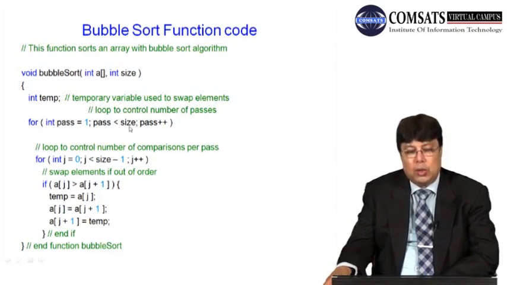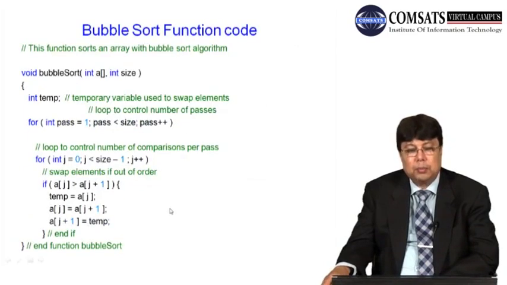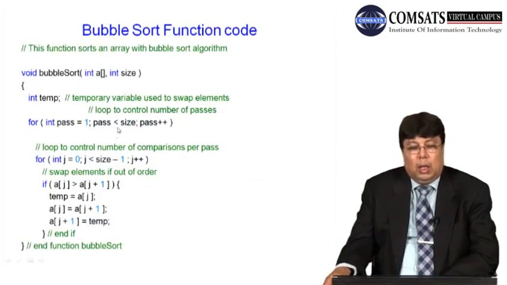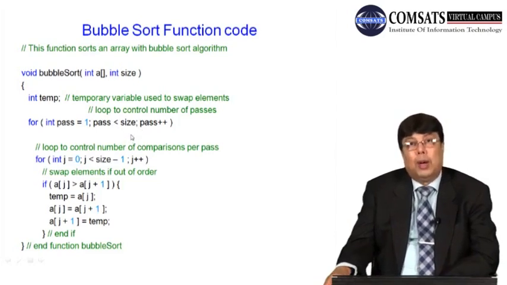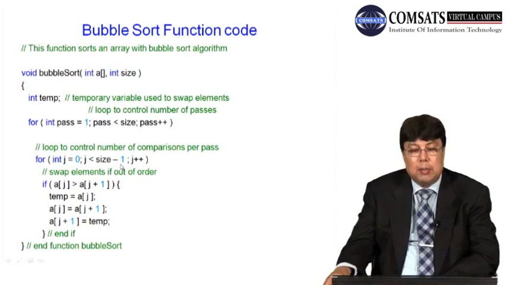But okay, if we are using 9 passes here, as we said in the previous example, for 10 number of keys there should be 9 comparisons. So 1 less than the number of keys is the number of passes, and then for the comparison passes also 1 minus 1, because pass is less than size minus 1.